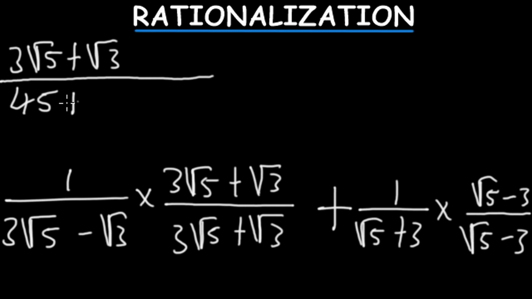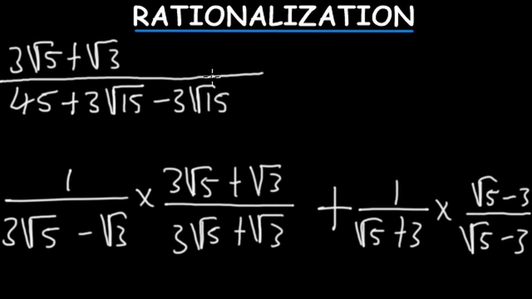So we have plus 3 root 15, minus 3 multiplied by 3 root 5 becomes minus 3 root 15. Then minus root 3 multiplied by positive root 3 becomes minus root 9, and root 9 is 3. So we have minus 3. So minus 3 root 15 can cancel plus 3 root 15.